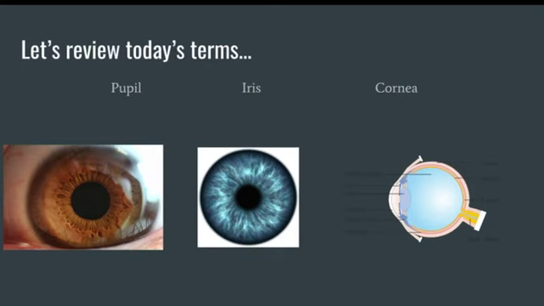The iris. That's the colored part of your eye. Think of it like a little muscle that expands and contracts to make your pupil larger or smaller. And the pupil, even though it is technically a hole in your eye, is protected by a clear, thin layer called the cornea. It's like the shield. So that's part 1 of parts of the eye, and it's only going to get better.